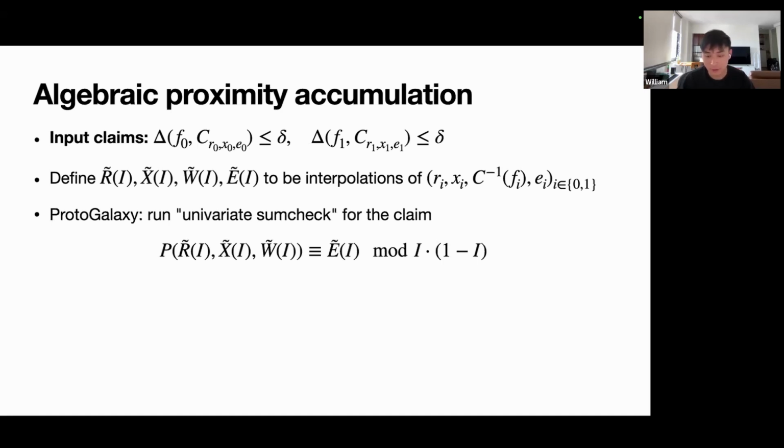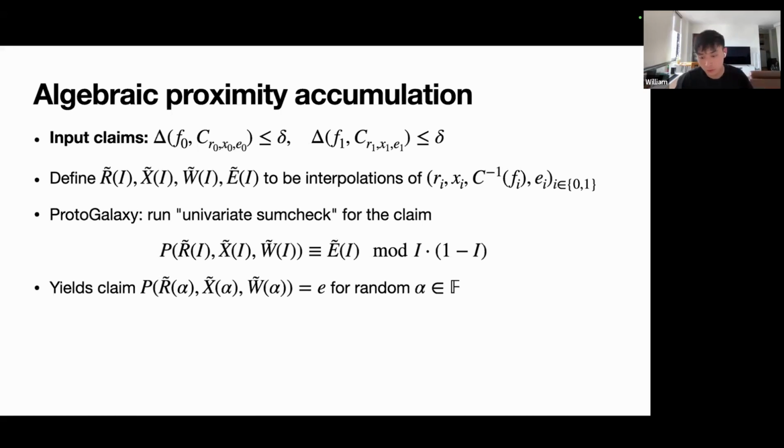This yields a new claim that this composition, P(R,X,W), evaluated at alpha, is equal to some new value E, where alpha is randomly sampled. I've glossed over a lot of details here, but this part is not important to our construction. I would view this more as ProtoGalaxy's protocol.